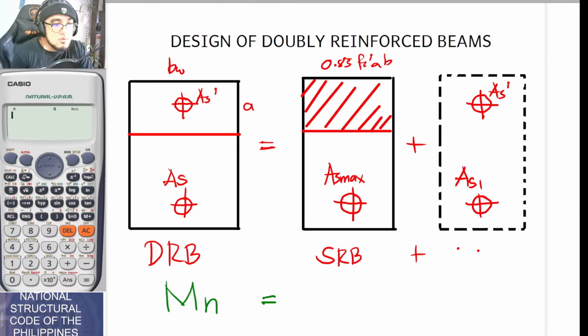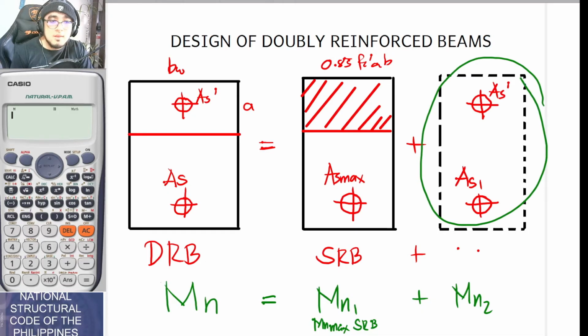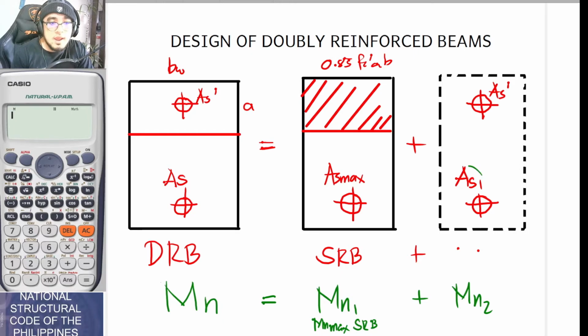It is equal to MN1, which we have solved for a while ago, or this is the MN max for SRB. We would just be adding MN1 plus MN2. So just solve for this MN2. Using the MN2, you can now solve for AS1 and AS prime.